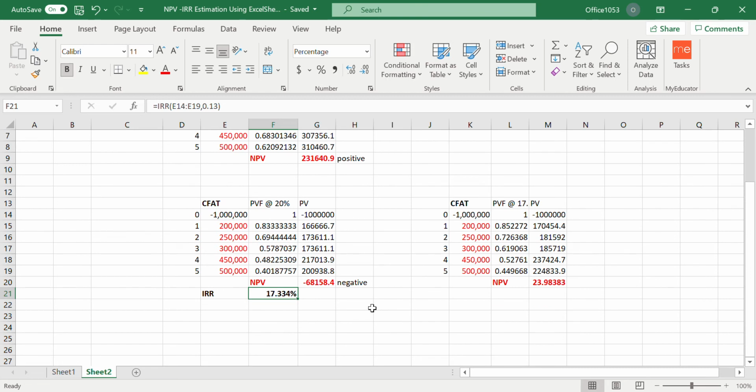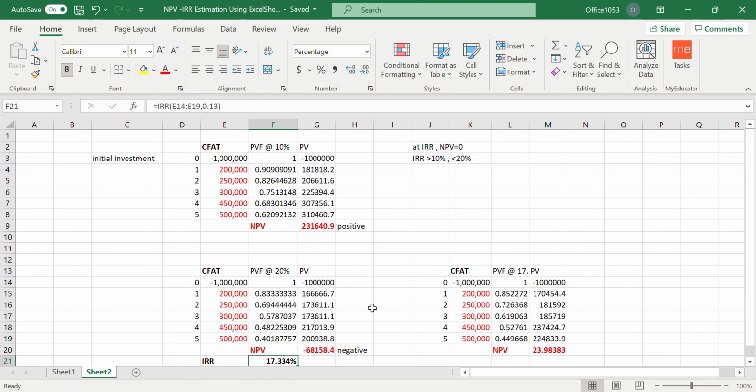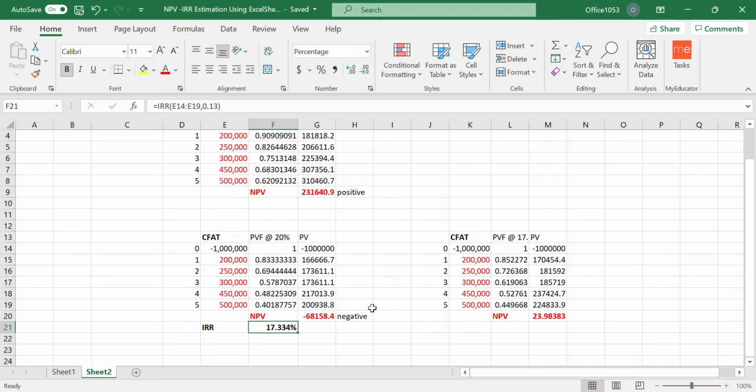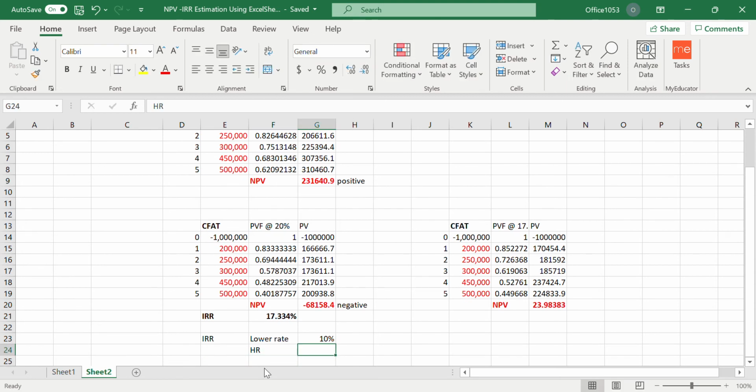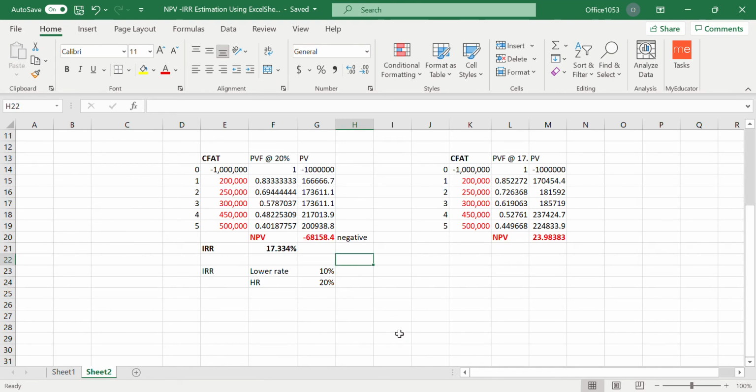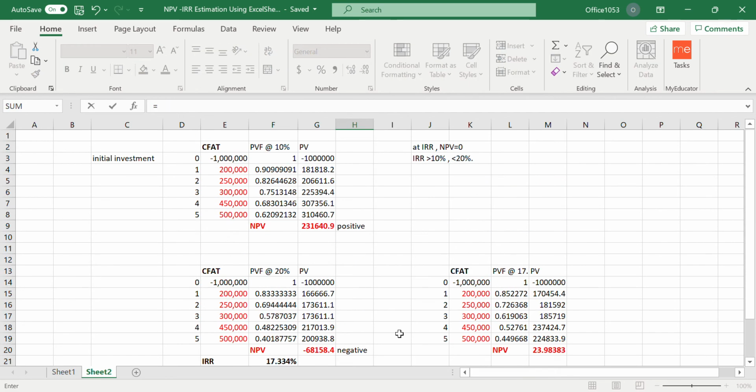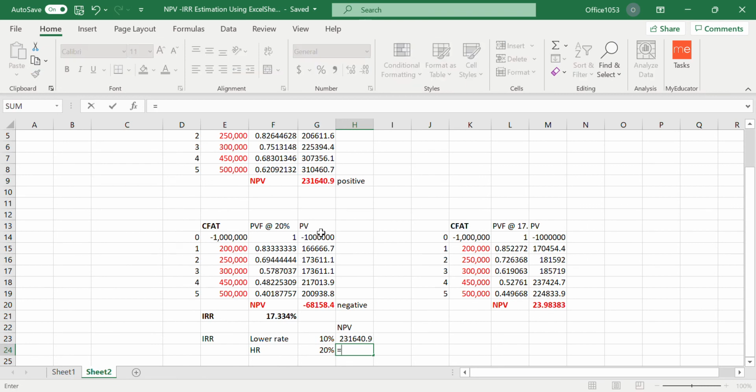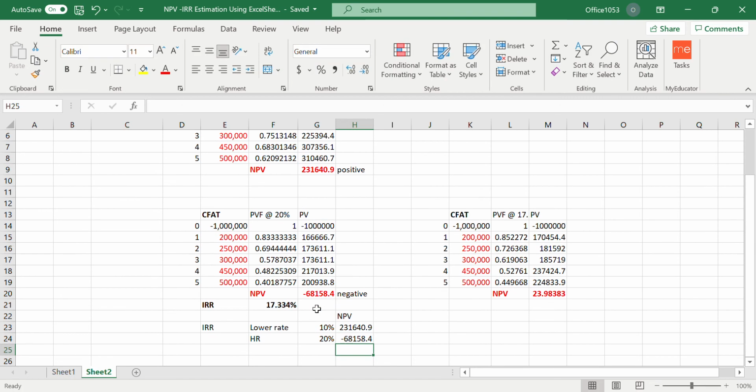The interpolation formula we have already discussed in the videos when we discussed the IRR, but I can interpolate here as well. In the interpolation method, the lowest rate is 10%. The highest rate you have used is 20%. NPV at the lowest rate is this, at the highest rate is this.